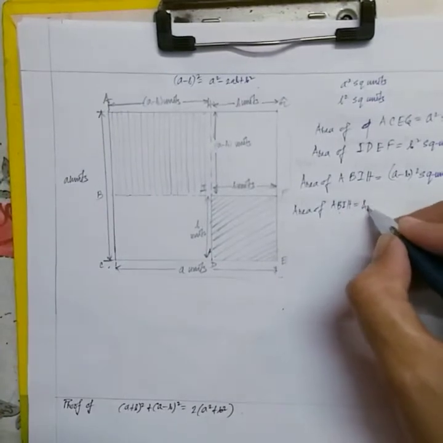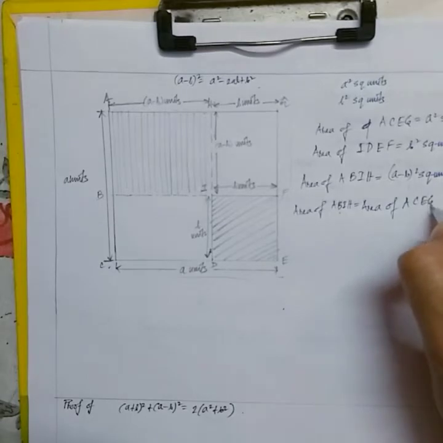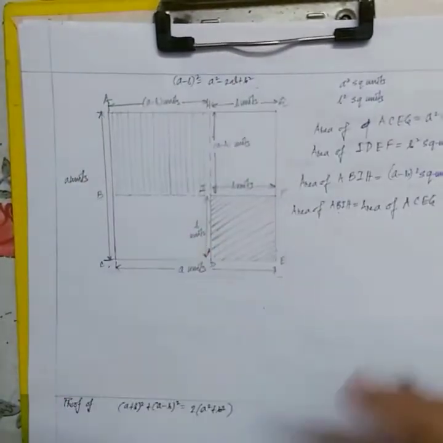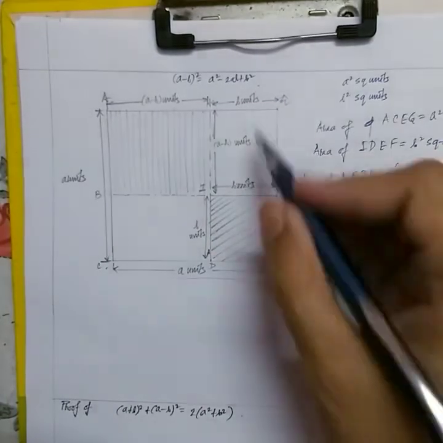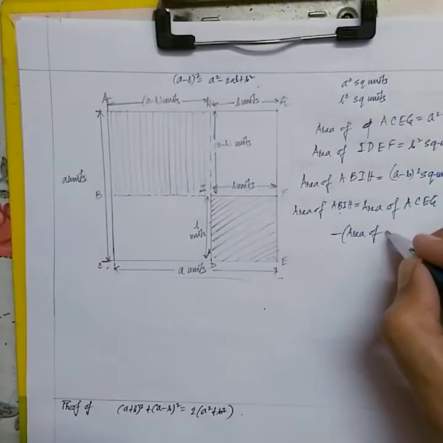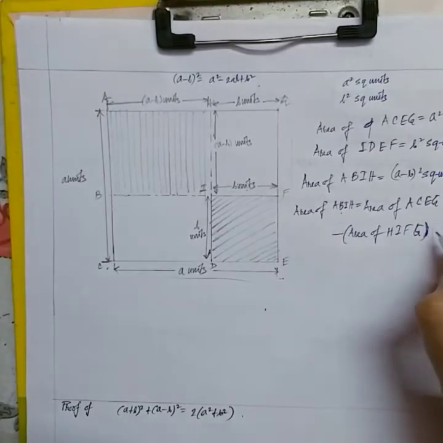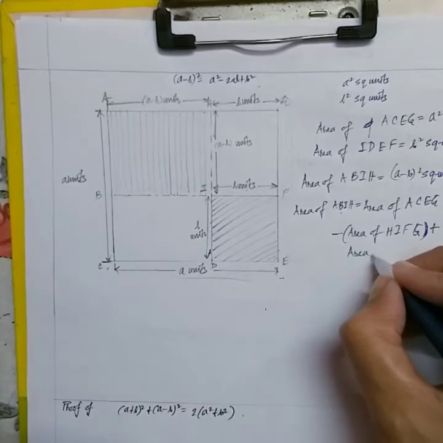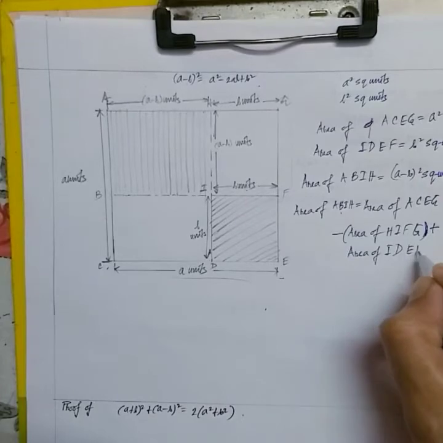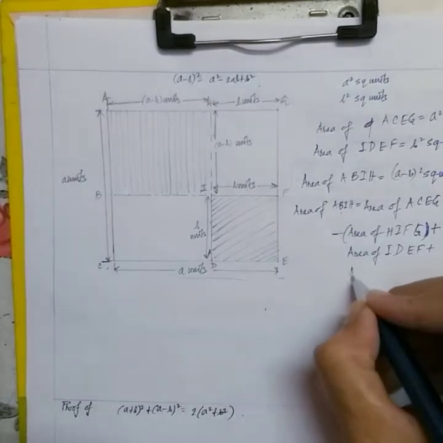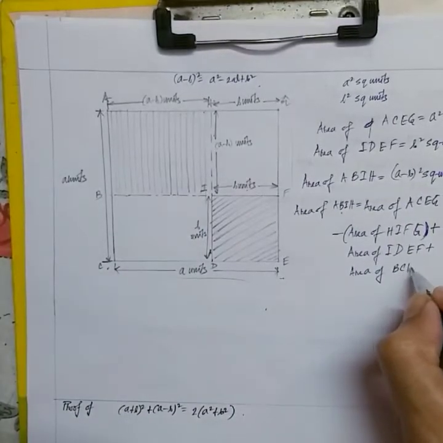So therefore we can write area of ABIH, that is this part only, is equal to area of ACEG, that is the whole square, minus area of this part HIFG plus area of this part, that is IDEF, plus area of this part, that is BCDI.